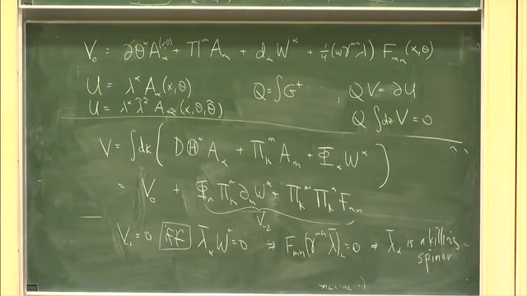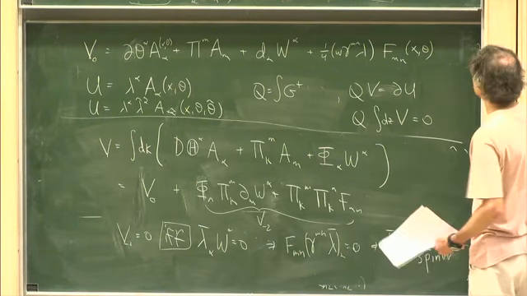Okay, so let me just finish by telling you what the generalization of this is in AdS5, but without explaining it because I don't have time. So the generalization to AdS5 is you add a term to the action which includes the Ramond-Ramond field strength. I told you what term you have to add.